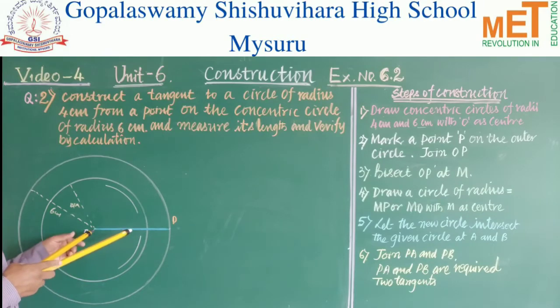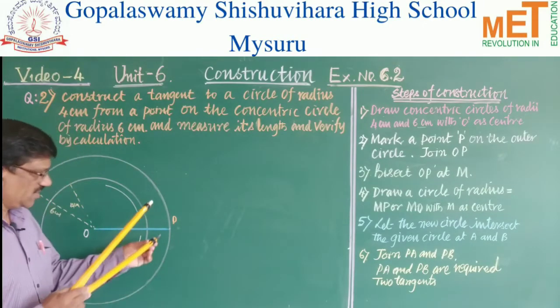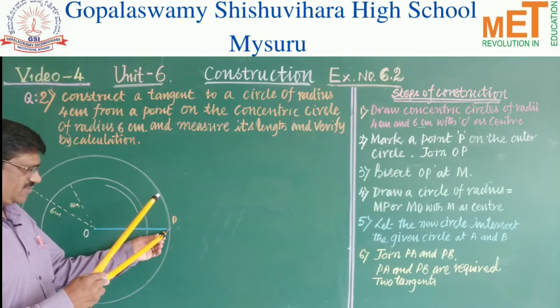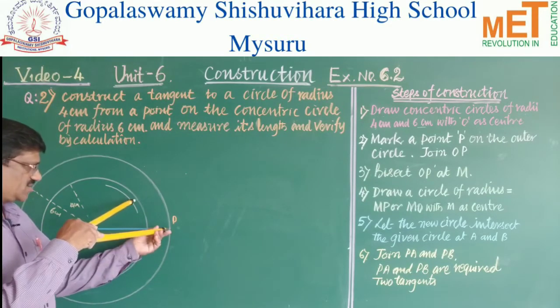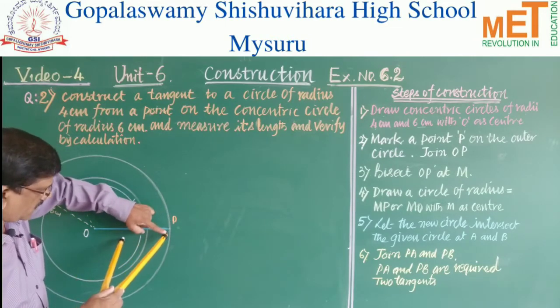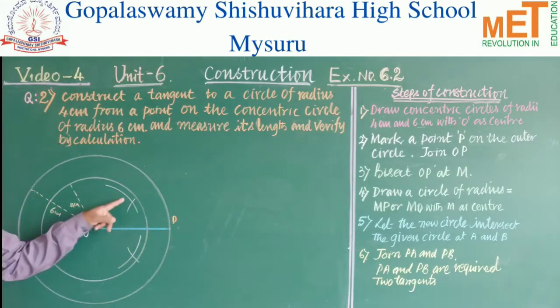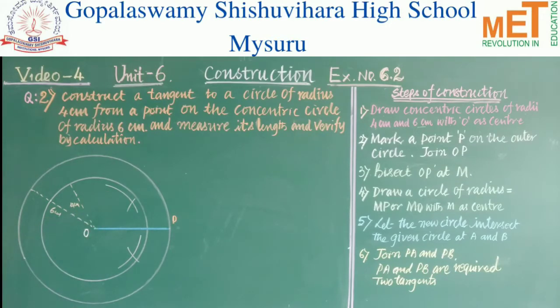Now, with the same radius, without altering the radius, with P as a center, cut the arcs drawn from O. Now, I have 2 points of intersection of the arcs. So, join them.